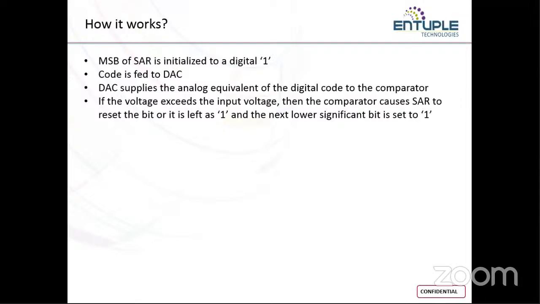If the voltage exceeds the input voltage, then the comparator causes the successive approximation register to reset the bit, or it is left as 1 and the next lower significant bit is set to 1. Okay, this is what happens. Let me explain it once again.